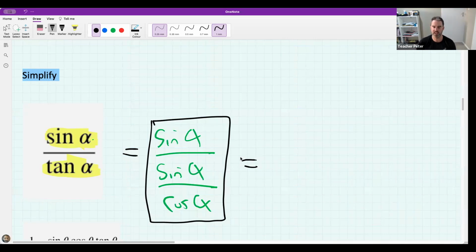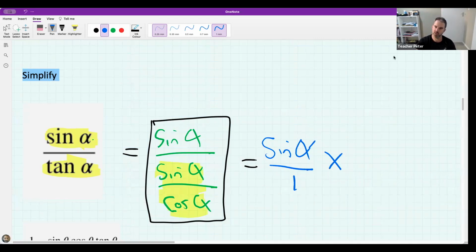Maybe we can use one of the techniques I spoke about now. What do you do if you're dividing by a fraction? Can we do anything with this to make it a bit more user-friendly? So we have sine of alpha, but that's a mess at the bottom.